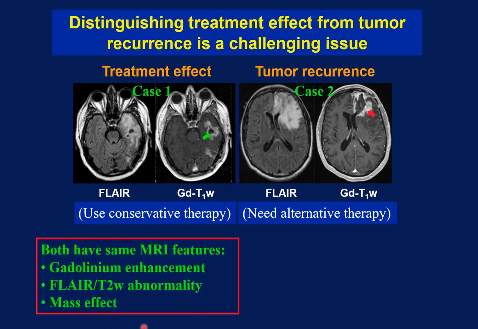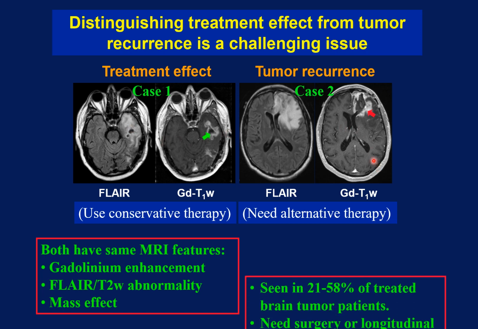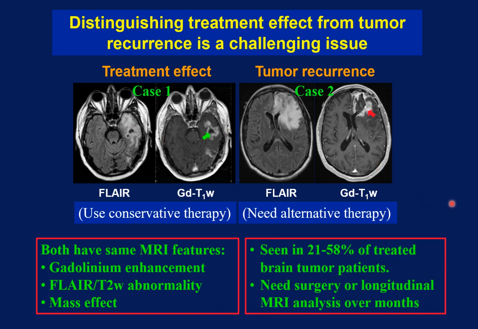So you can see both show very similar MR features: hyperintense, mass effect, gadolinium enhancement. You can see this issue in about 50% of patients in the clinic.